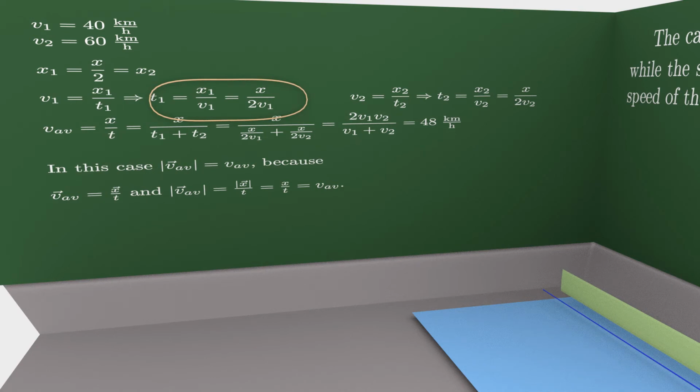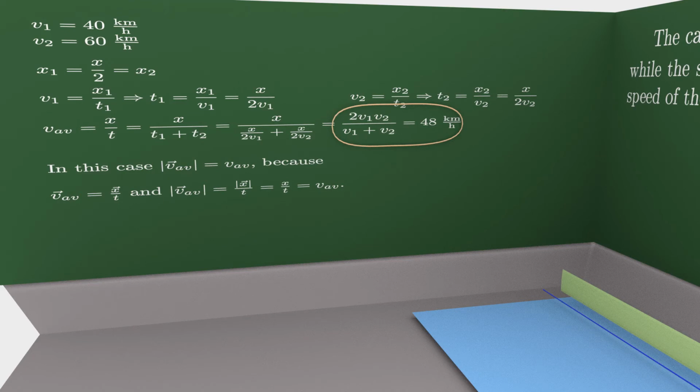Similarly, t2 is x over 2 v2. So we go back with this in the equation for average speed, and we will have that the average speed is 48 kilometers per hour.